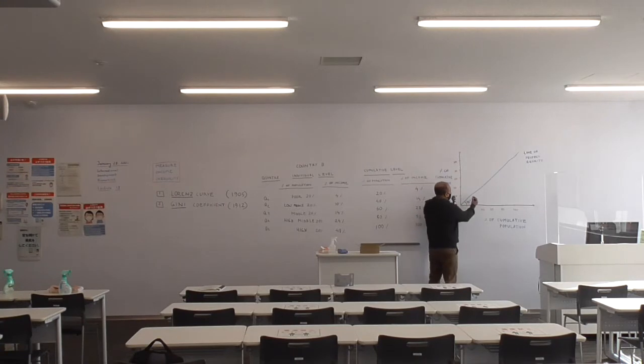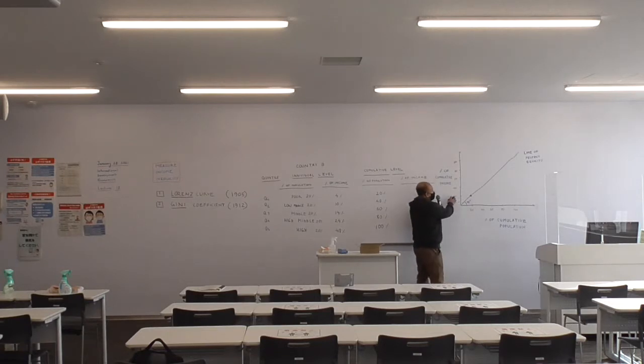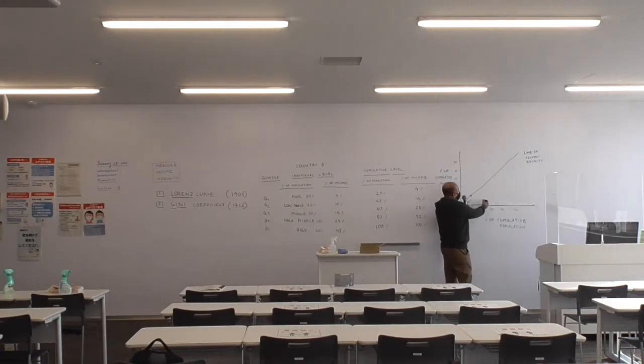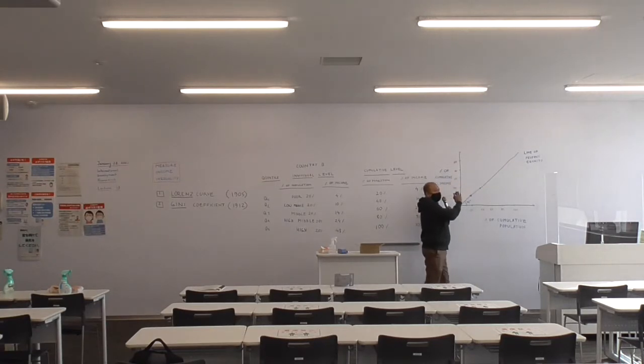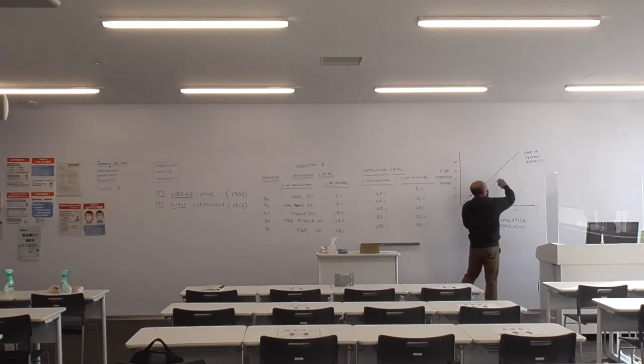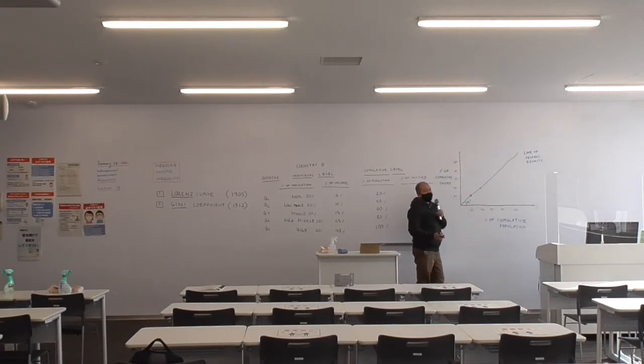So if you see on this line, for instance here, 20% of the income of that country is received by 20% of the population. So very equal. And if you go for 40%, you can see the same situation here. So 40% of people have 40% of the income. That's why we call this line the line of perfect equality.